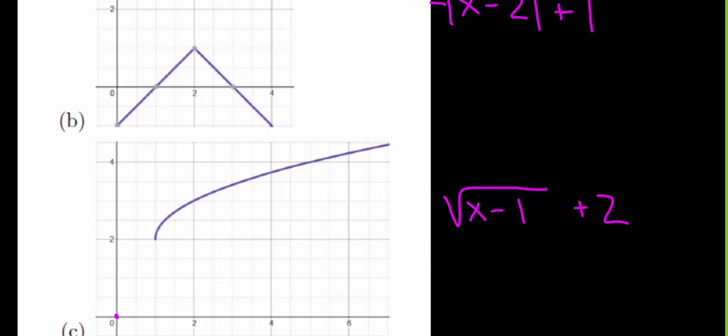Okay. Does everybody see that? You've got the square root function, and then you just move it over and up. And you can check to see, well, has it been compressed or anything. And you look, and it's consistent. Like if you go to this point right here, well, let's see here. No, the scale's off a little bit. You could test it out and see.